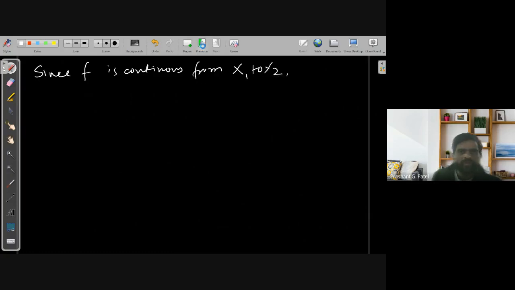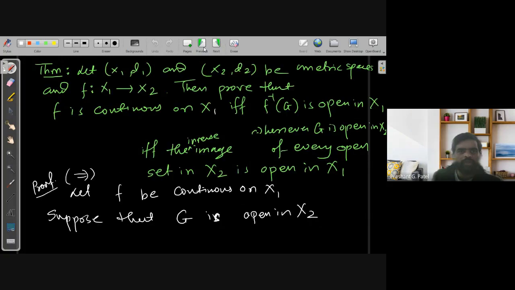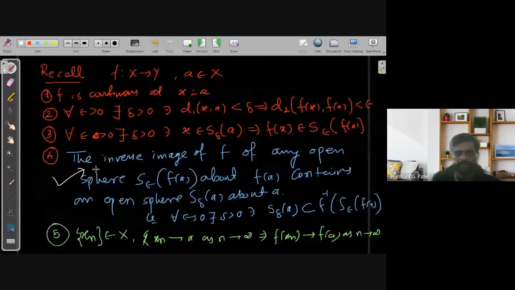So as per the equivalent condition, the inverse image of any open sphere S epsilon of f of a about f of a contains an open sphere S delta about a.